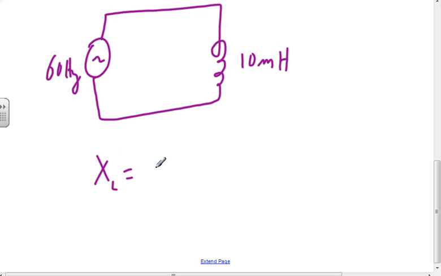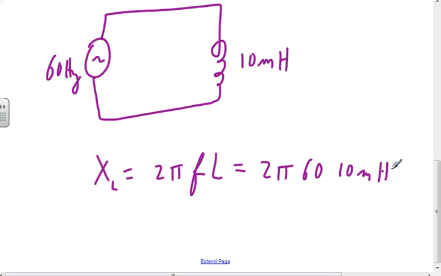My inductive reactance is 2 pi frequency L, 2 pi times 60 times 10 millihenry. On my calculator, 2 times pi times 60 times 0.01, and I come up with 3.77 ohms.